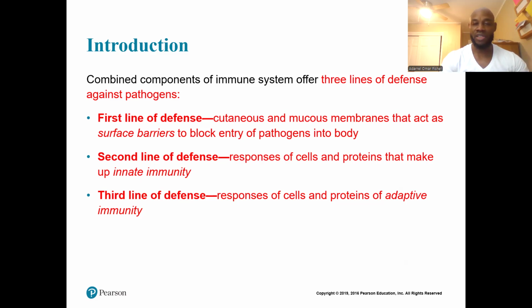Our second line of defense is cells, response cells, and proteins that make up innate immunity, sort of your quick, non-specific response. And then we have our third line of defense, which is our adaptive immunity. So once we've seen this particular intruder before, our body can adapt to it and have a response specific for that intruder. Right? So these are three lines of defense against pathogens.